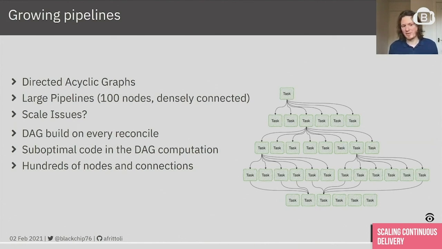It turns out that we had some suboptimal code in the DAG computation, which was causing the time it takes to compute the DAG and to check for the lack of cycles to grow exponentially. Luckily that was just a bug, and that is now solved, and we don't have any bottleneck anymore. You can easily have a pipeline with many hundreds of nodes, and it just runs normally like a smaller pipeline.